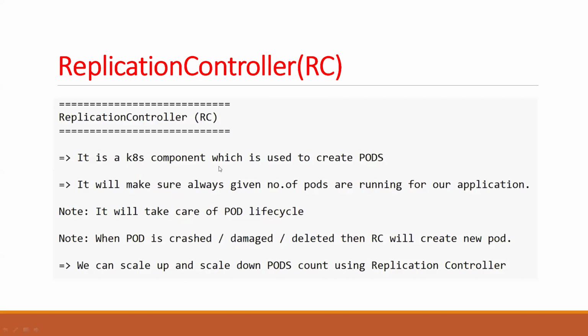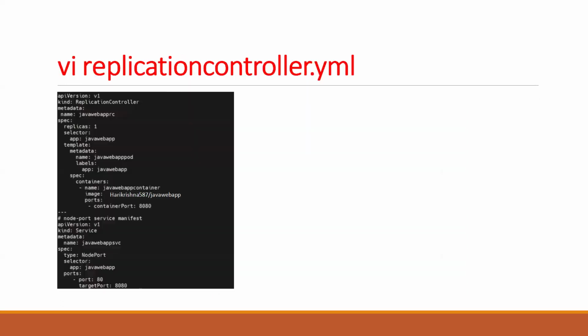It is a Kubernetes component which is used to create the pods. It will make sure the given number of pods are always running for our application. It will take care of the pod life cycle. When a pod is crashed, damaged or deleted, then the replication controller or replica set will create the new pod.